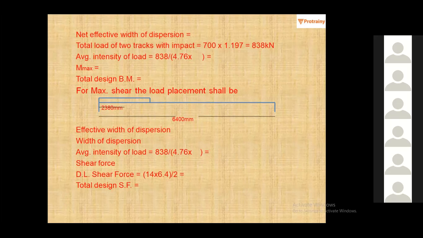But how much area is going to be affected? 4.76 into 7.45 meters का जो एरिया है वो अफेक्ट होगा. और now you already have the load which is 700 kilonewton magnified to 838 kilonewton. तो इस ट्रैक के मूव करने से लोड इंटेंसिटी कितनी पड़ेगी? जहां जिस भी पोजीशन पर ये मूव करेगा वहां लोड इंटेंसिटी कितनी पड़ेगी? 23.6 किलोन्यूटन पर मीटर स्क्वायर.